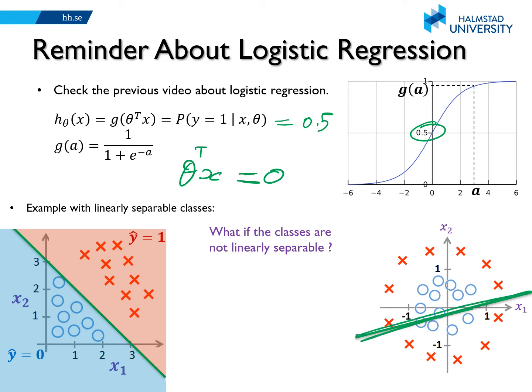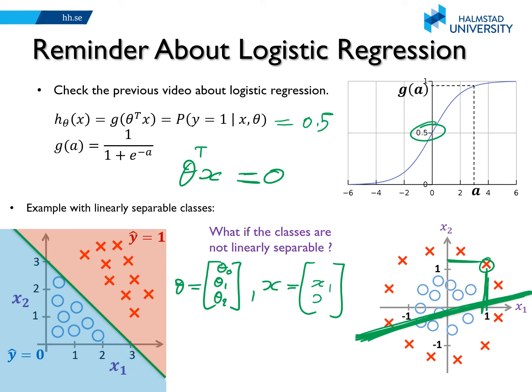And this is actually the equation of a line, a linear decision boundary. Because our parameters vector theta is equal to theta 0, theta 1, theta 2. And our input data, any data point x, let's say this data point is described by feature value x1 and feature value x2, plus one additional feature x0 equals 1.